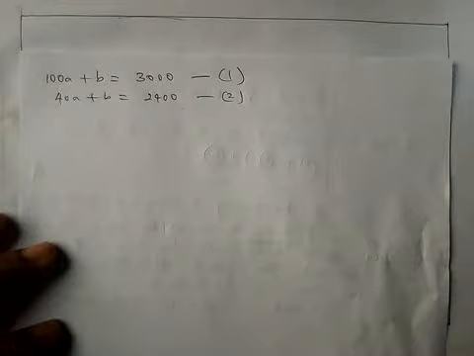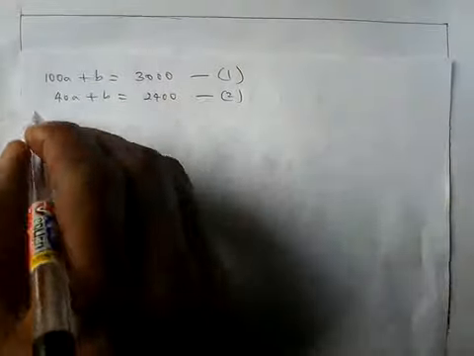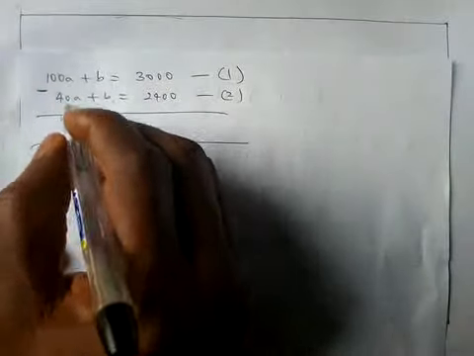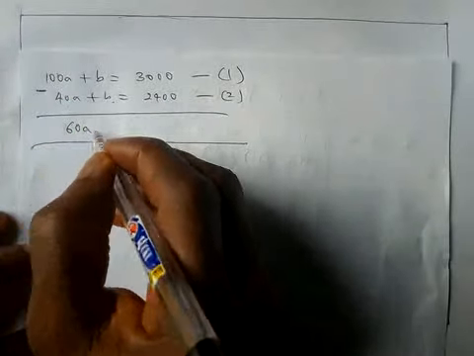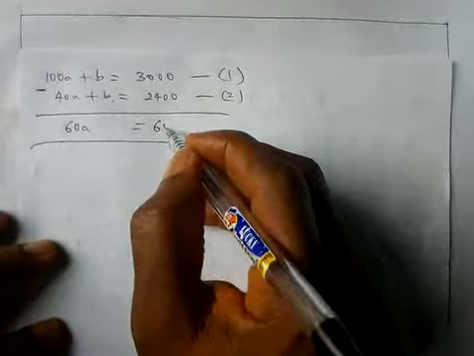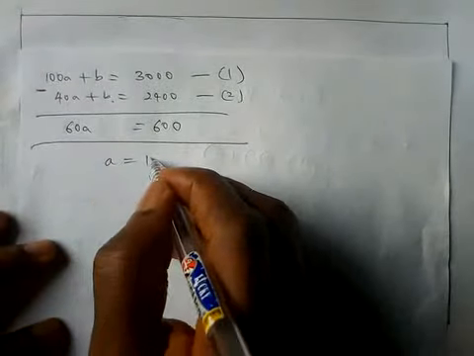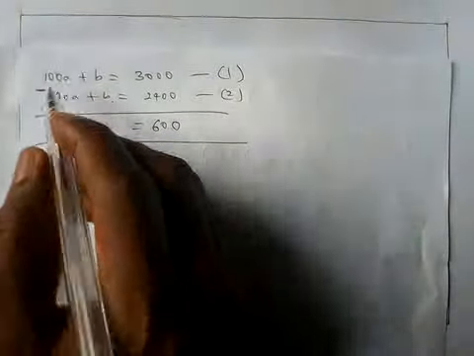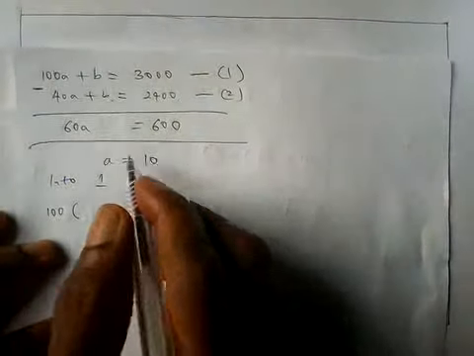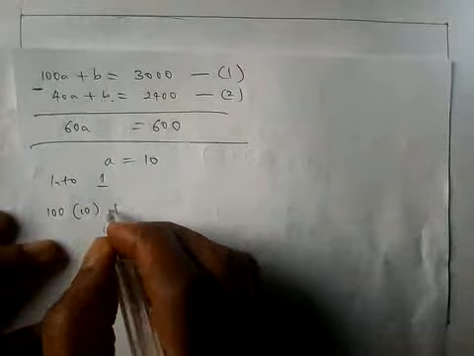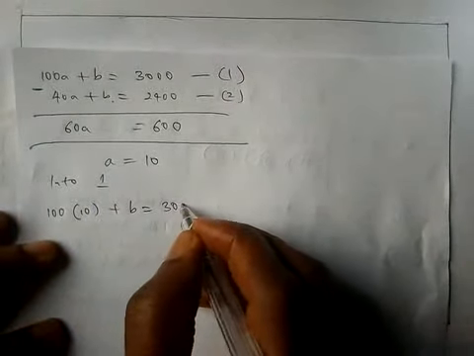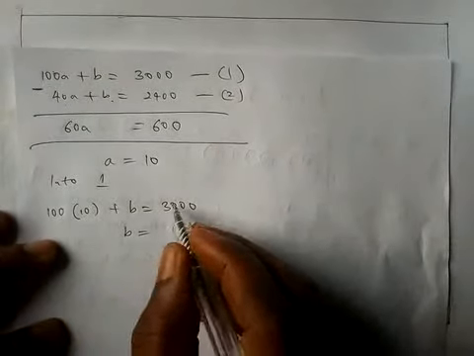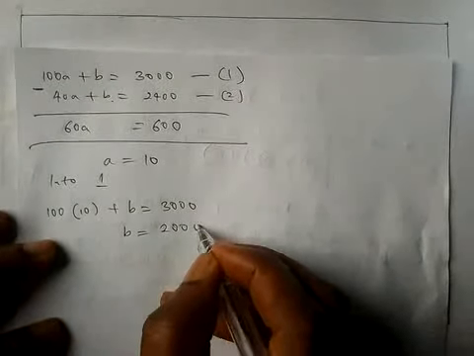Looking carefully, if I subtract these equations, b will cancel off and I'll be left with 60a is equal to 600, so a is equal to 10. If we put it into equation 1, we'll have 100 times 10, which is 1000, plus b is equal to 3000. Take it over, b is equal to 3000 minus 1000, 2000.